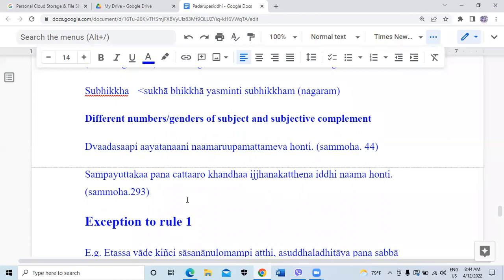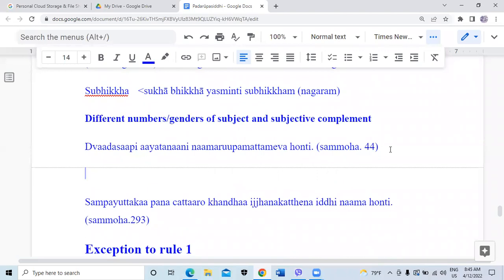We can translate it: the four associated khandhas are called nāma. So here the second subject is feminine and singular. The subject of honti, the associated khandhas, is masculine and plural.